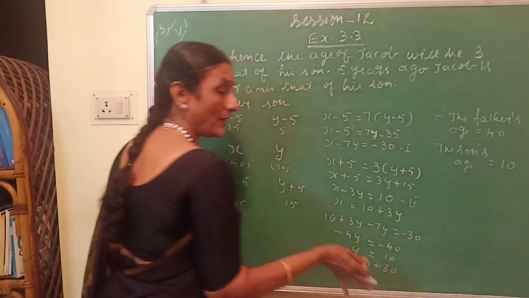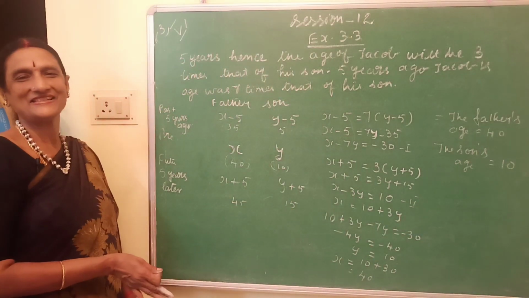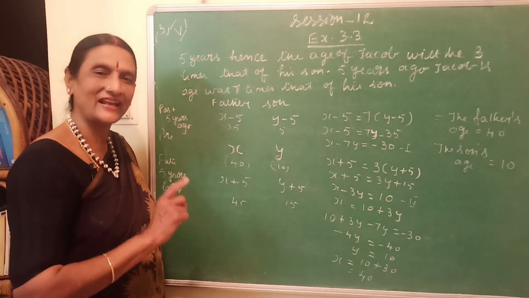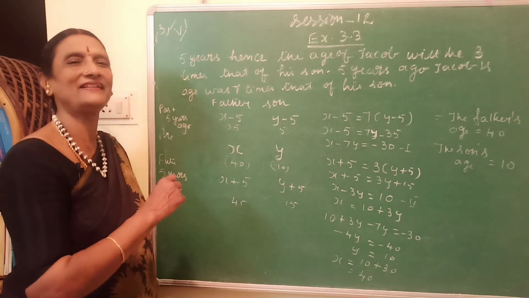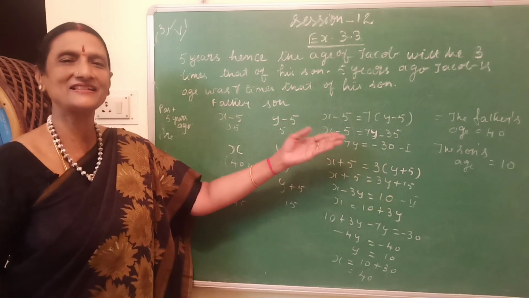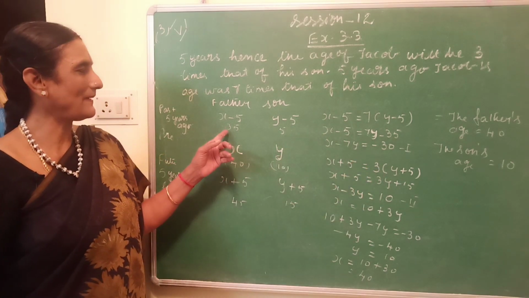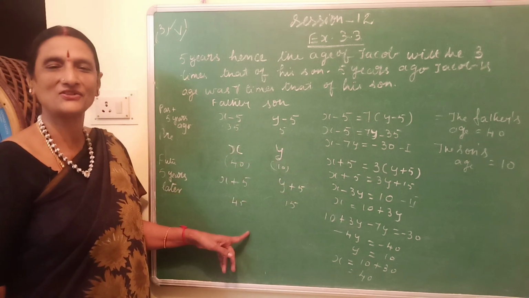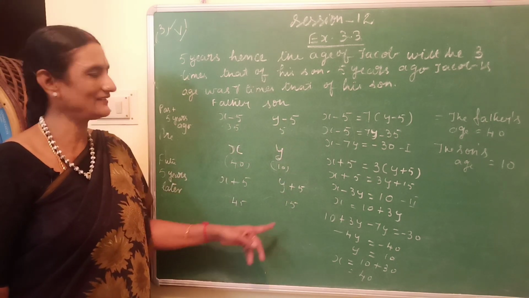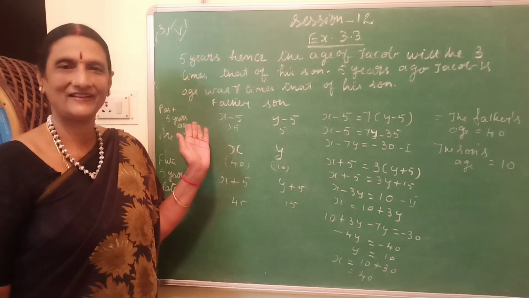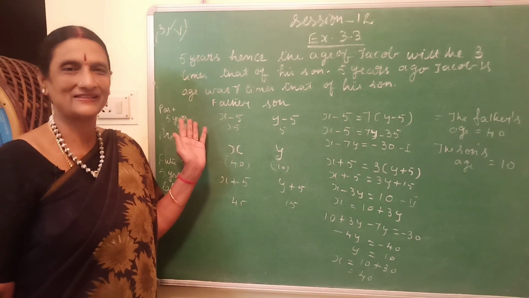I told you what will not change in age sums, the difference between the ages. At present, the father is 30 years elder to the son. In the past also he is 30 years elder to the son. In the future also he is 30 years elder to the son. 30 plus 15, 45. 30 plus 5 is 35. Is that clear to all of you? Please take it down.